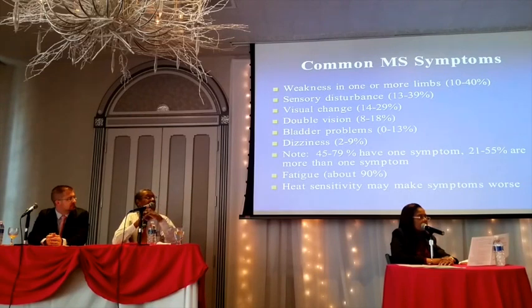And then of course, bladder problems. That's a really big issue, and it tends to affect people who have problems with the spinal cord with multiple sclerosis. It can be anything from urinary incontinence to urinary retention, where you're holding in urine and you can't pee it out.